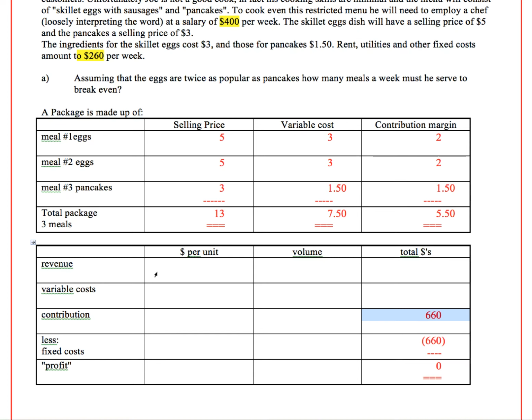So we can say, how many packages does he have to sell? We know that each package is going to have a selling price of $13.